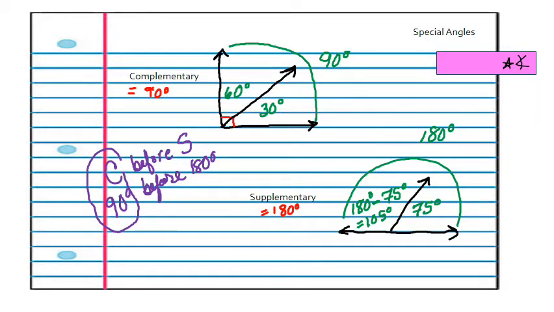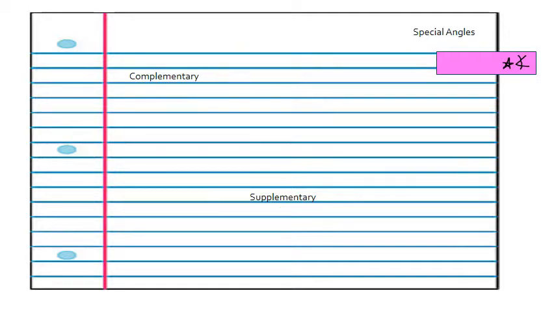So the C, which is low, equals a lower value, while the S, which is further along in the alphabet number line, equals 180. You can find your own special way to relate to how you can remember that complementaries are 90 and supplementaries are 180.